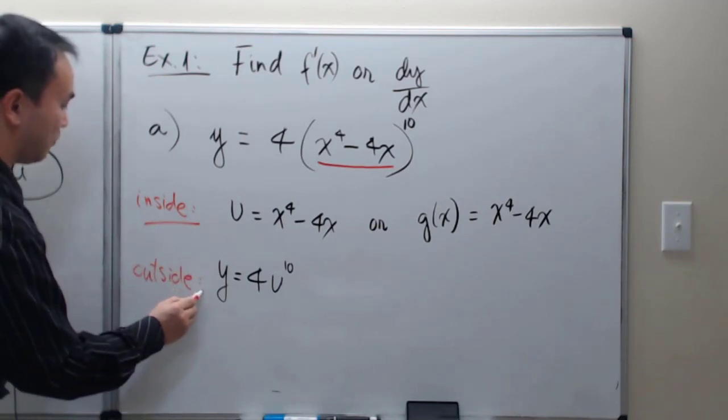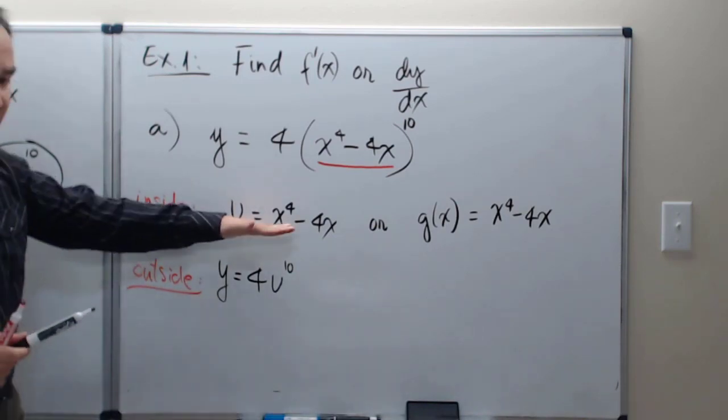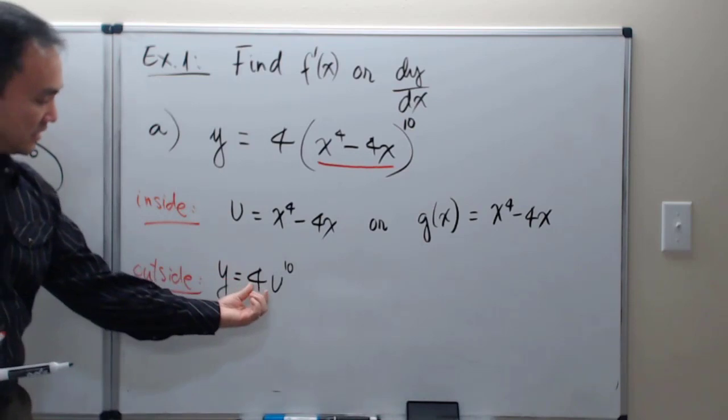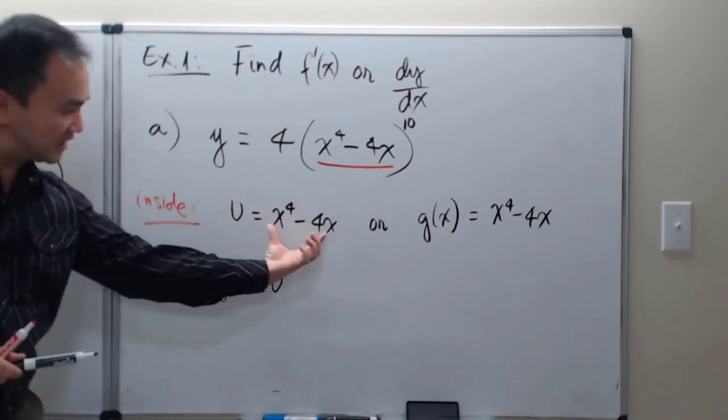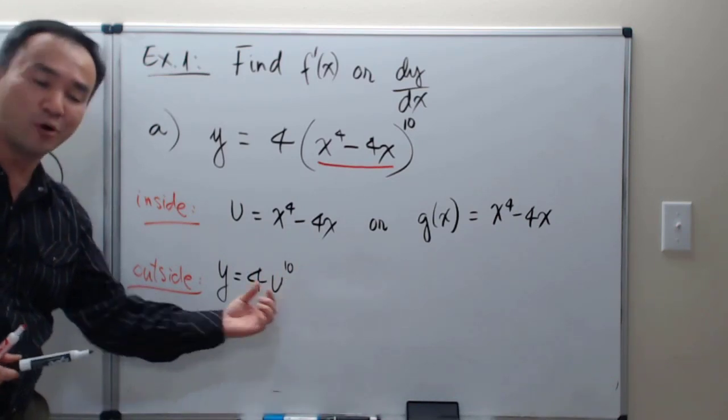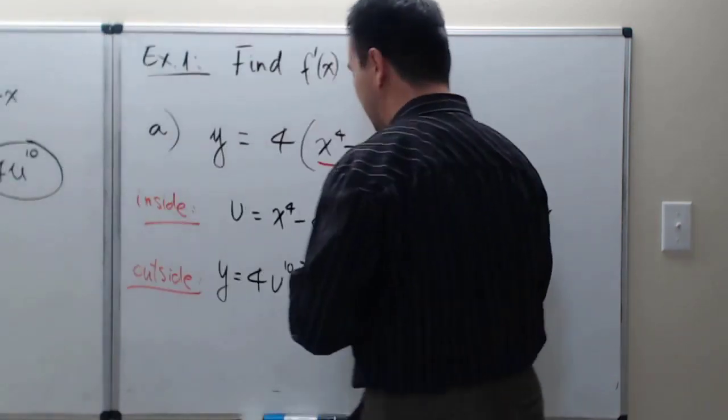So now once we start tracking down where the inside is and where the outside is, in this notation you can see the reason I call it inside is because this expression is being hidden, being embedded inside of this u variable. So that's one way of understanding it.